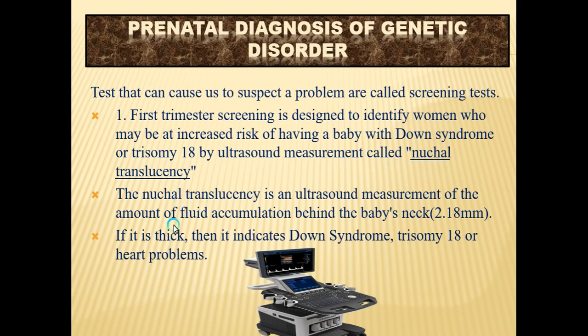Nuchal means neck. During ultrasound we check the measurement of the fluid accumulated behind the baby's neck. Normal is 2.18 millimeter. If it is thick, then it is either Down syndrome or trisomy 18, or it indicates some heart problem.